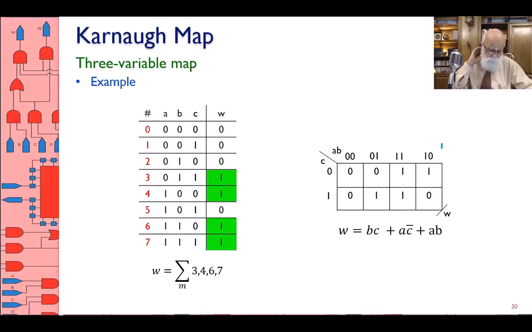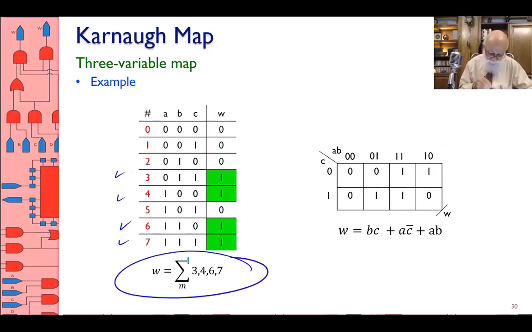Look at this thing over here. I have a truth table on the left-hand side, and the sum of the min terms is 3, 4, 6, and 7. This truth table has my function in its broken form. That means there are 4 ones.